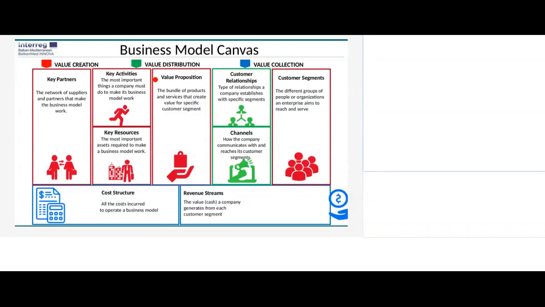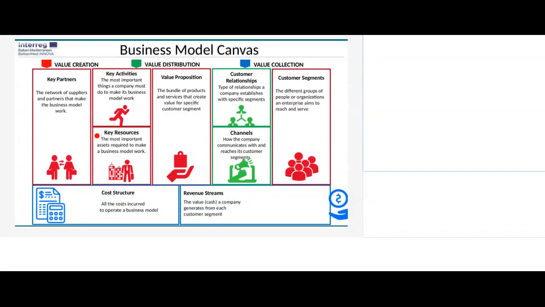So moving towards the left, we have the key activities, which are the most important things a company must do to make its business model work. These can be any activities that the company does in any department, which are key to operating and key to producing value, key for the business model to work.